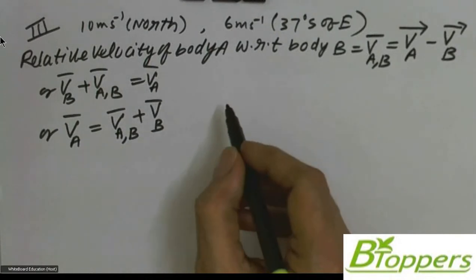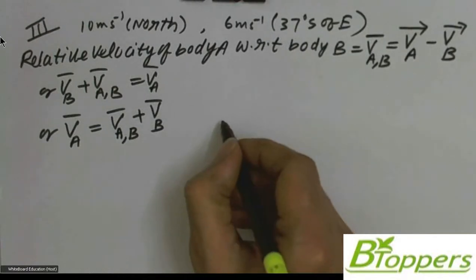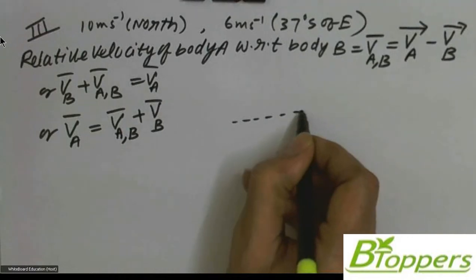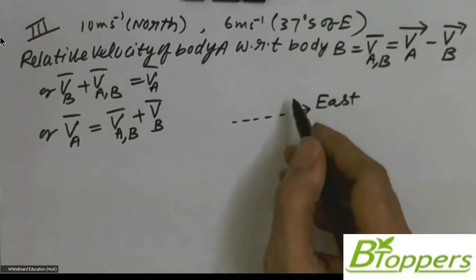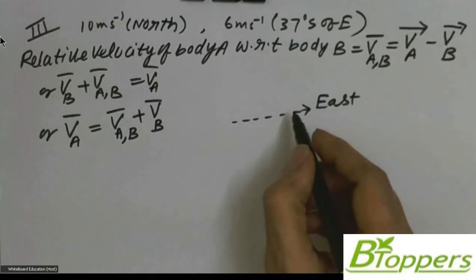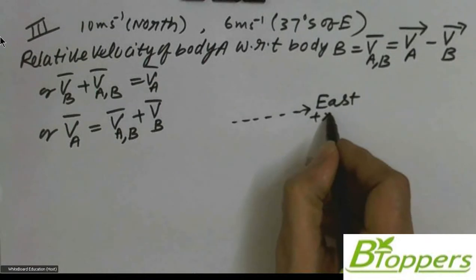So I show the given vectors graphically. I choose the horizontal direction towards east as the positive direction of x-axis.